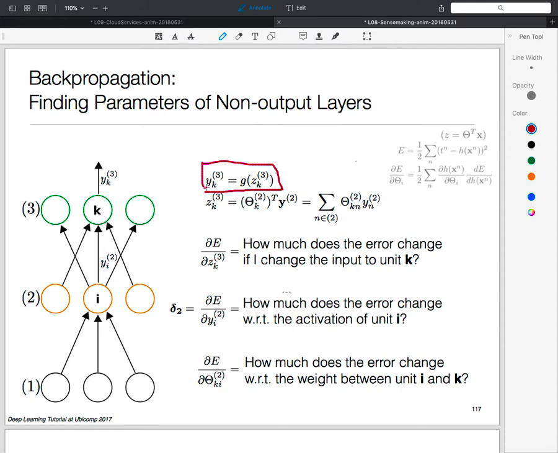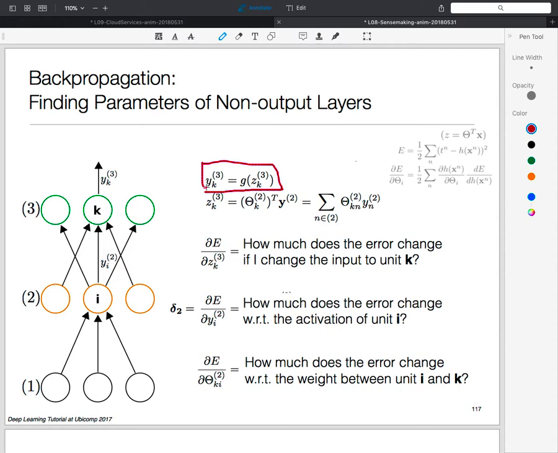And my error is e. So I'm interested in finding out the derivative of e at every step with respect to some parameter.